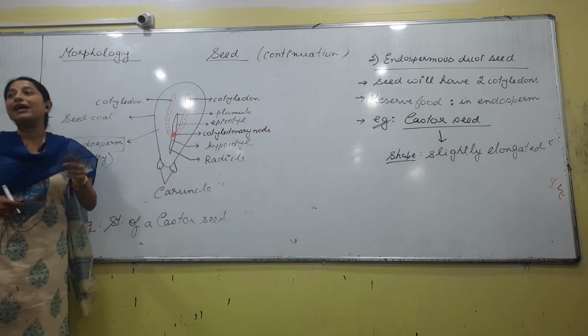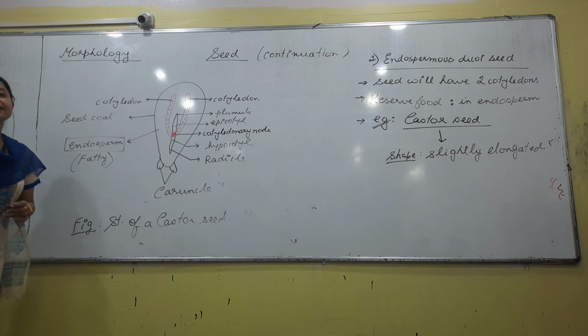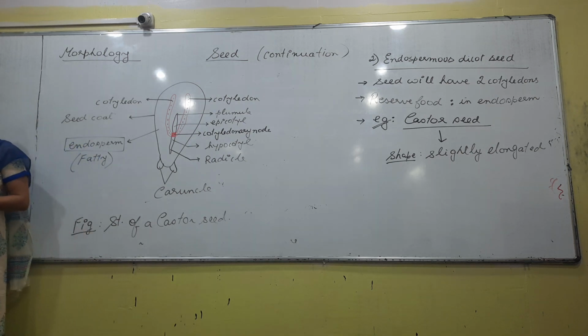If the division of the diploid cell is faster compared to the division of the triploid cell, then inside the embryo sac, which tissues will be more, endospermous or zygote or embryonic tissues? It will always be embryonic tissues that are more.